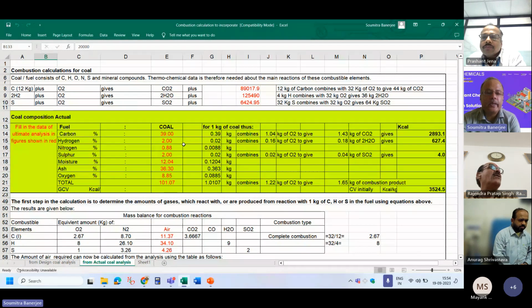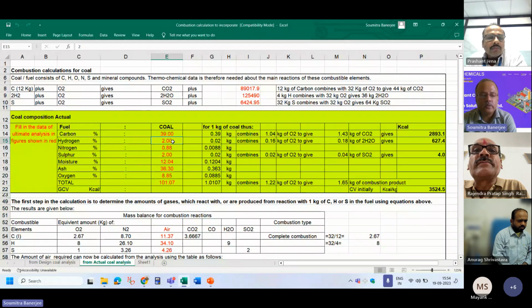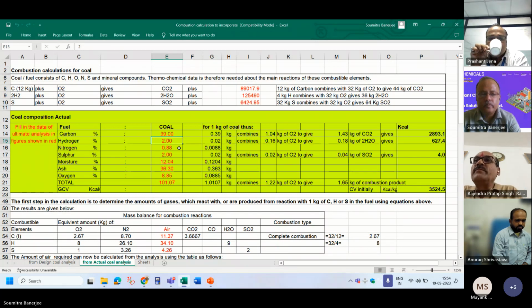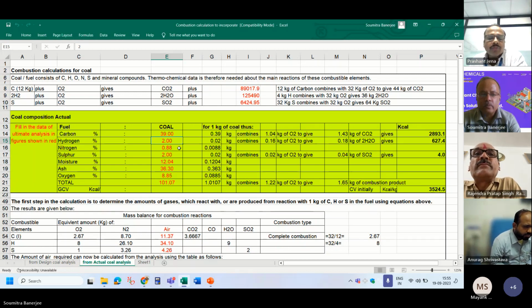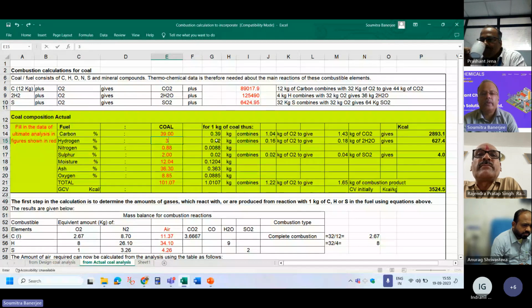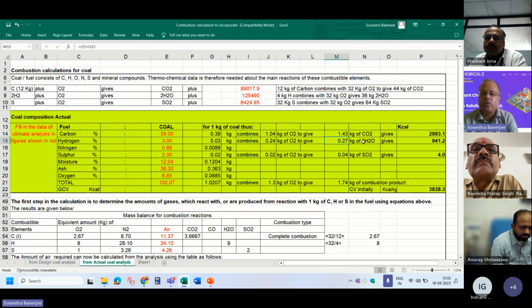No, no, look here. If you have 4 hydrogen or 3 hydrogen, how much hydrogen will you have in the fuel? It is around 3%. Which combines with this much oxygen and gives 0.27 kg of H2O.